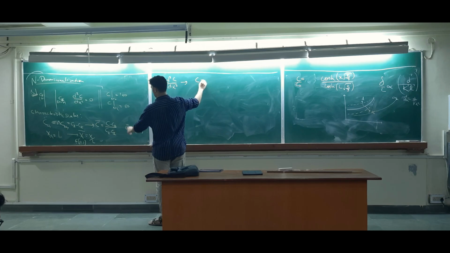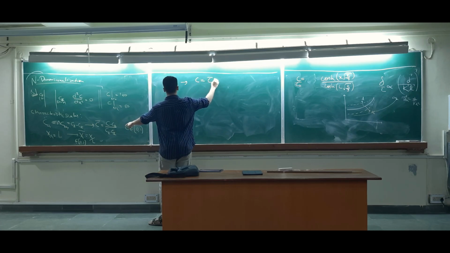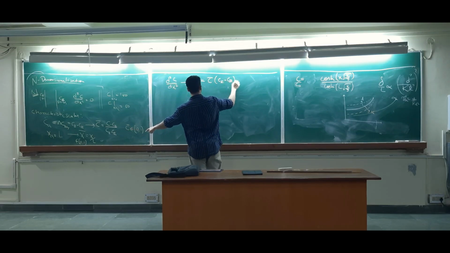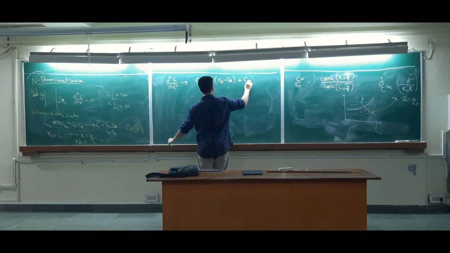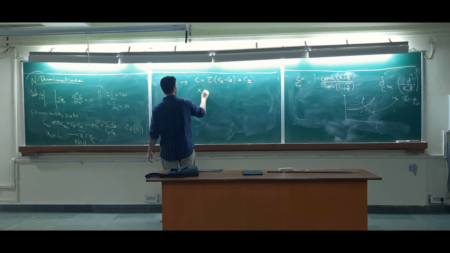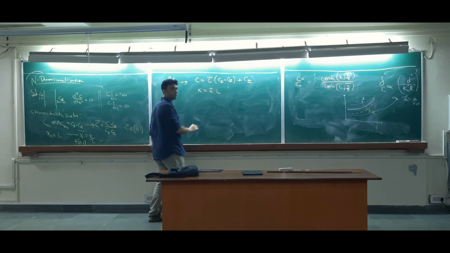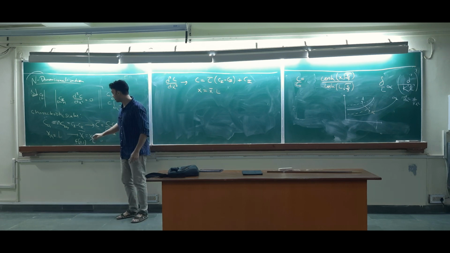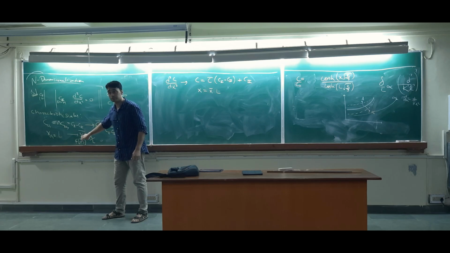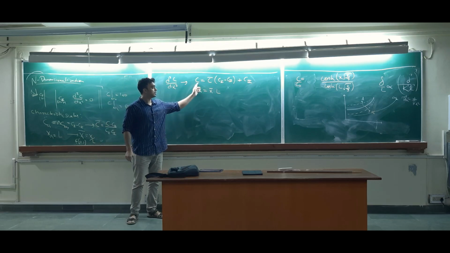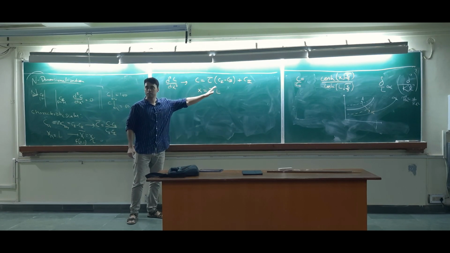C is equal to C bar into, you can do this, and then x is equal to, I'm writing them in the substitutable form. So I defined them like this, x bar is x by L, it has no dimensions. C bar has no dimensions. Now in order to substitute, I have to write the old is equal to something into new.